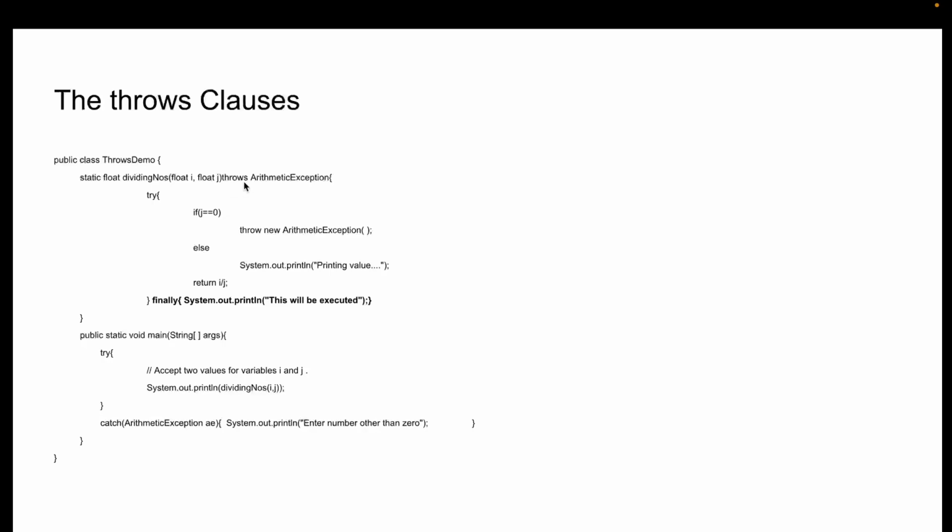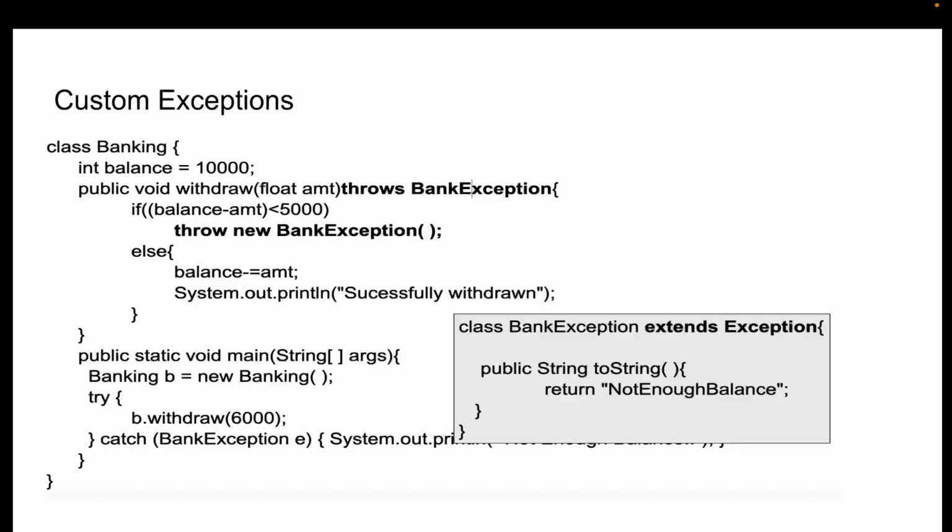Throws is being defined at the method level itself. This method wants to throw an exception, and that is an ArithmeticException. Whichever method calls this dividingNumbers method will have to handle that exception. So this is an example of error propagation.